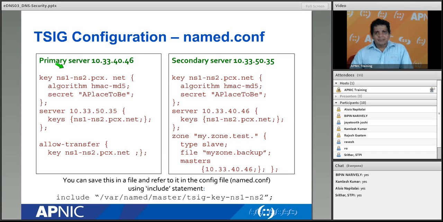And then the secret. This is the secret that you have after generating it using the utility we discussed. Remember, we discussed the utility called dnssec-keygen. The first thing is to generate the key. Once you generate the key, you will have a secret.